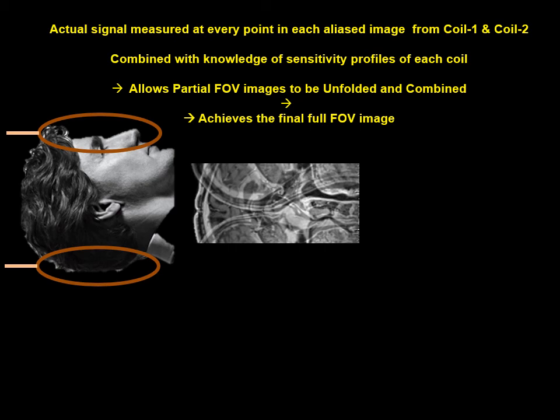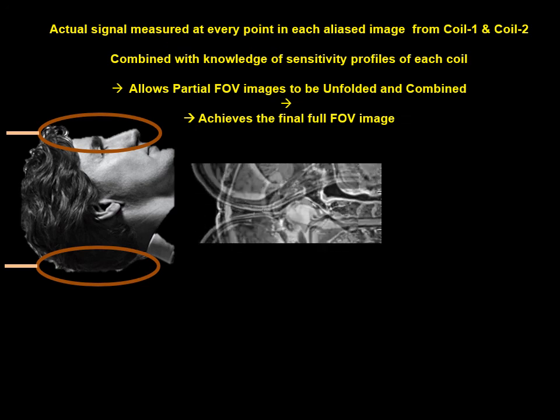We have measured the actual signal intensity at every point in the aliased image of coil 1 and the aliased image of coil 2. We've combined those actual measurements with the knowledge of the sensitivity profiles of each coil. This allows the partial field of view images to be unfolded and combined, and this achieves the final field of view image as is illustrated here.